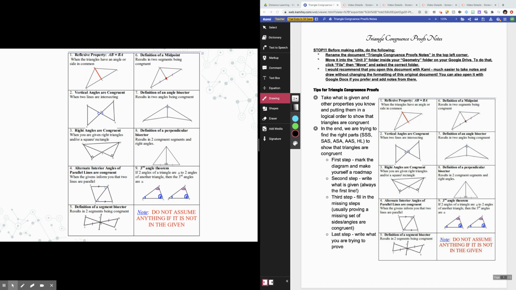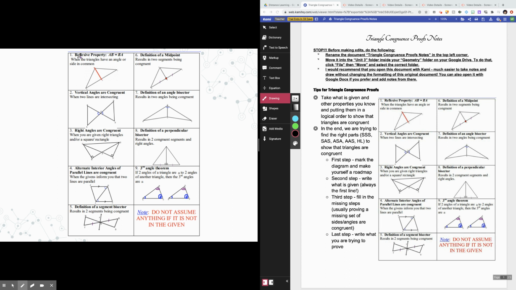These are the most common extra things that show up in triangle congruence proofs. These would be extra things that they would tell you or that would show up in the diagram that can help you mark a set of angles as congruent or a set of sides as congruent, for example.